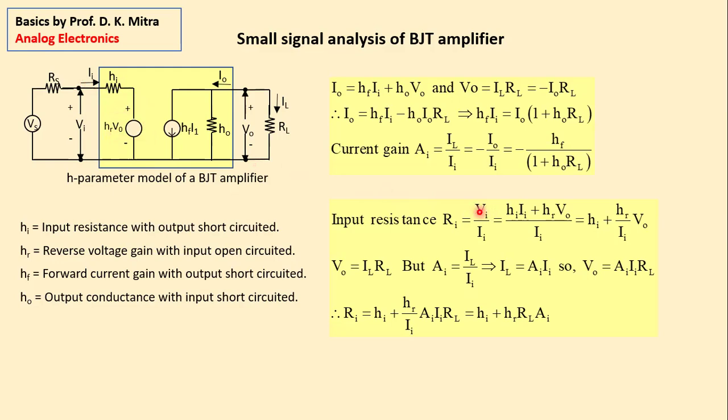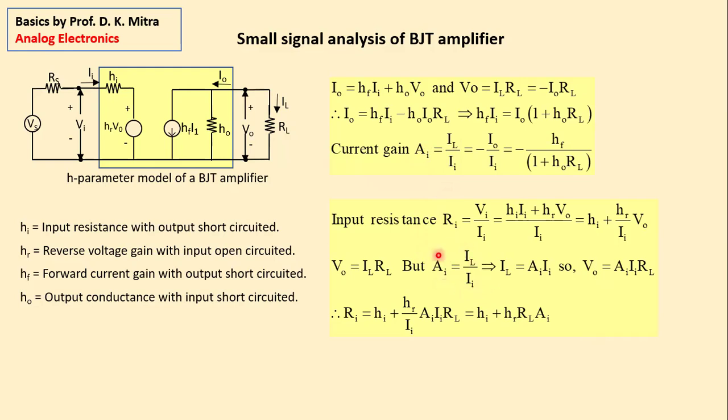So Vi divided by II becomes HI plus HR by II times VO. And once again, VO we know is equal to IL RL. And current gain we have seen is IL by II.